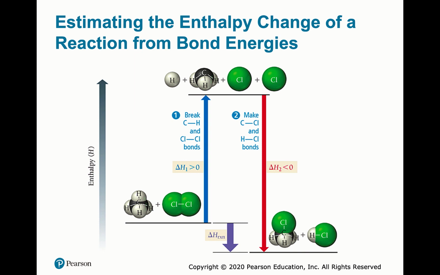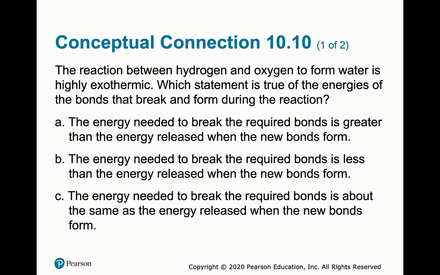These are the averages of all the bonds, so those are the charts where the averages are. For this one, it's as if you're breaking a hydrogen-carbon bond and breaking a chlorine-chlorine bond, but then forming a carbon-chlorine and a hydrogen-chlorine bond. So you can estimate it using that.